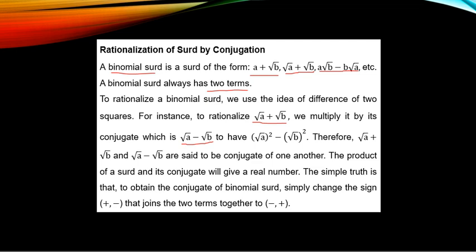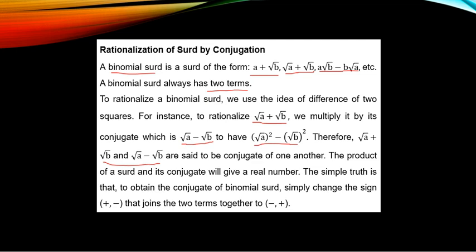And when you multiply root a plus root b by root a minus root b, that is the same thing as difference of two squares that you can express in this form. So therefore, root a plus root b and root a minus root b are said to be conjugates of one another. In other words, if you have root a minus root b first, its conjugate becomes root a plus root b. Okay?